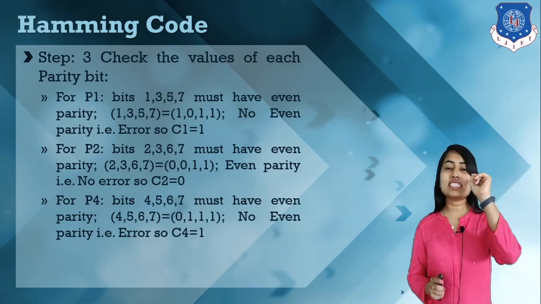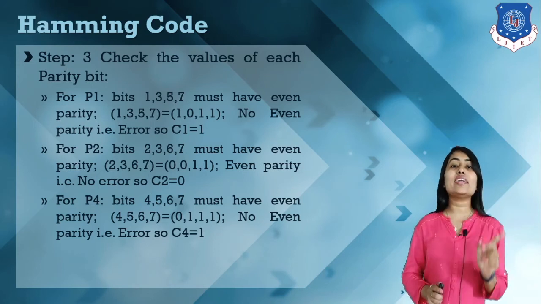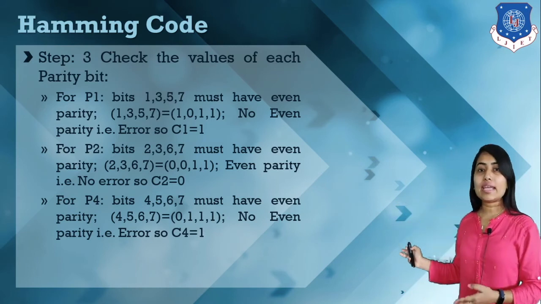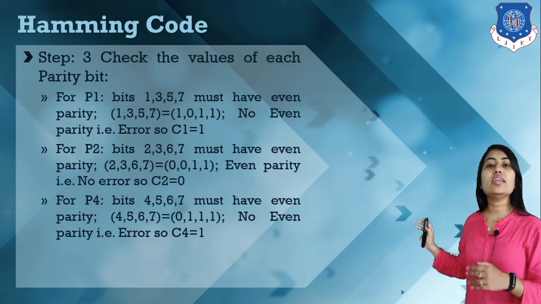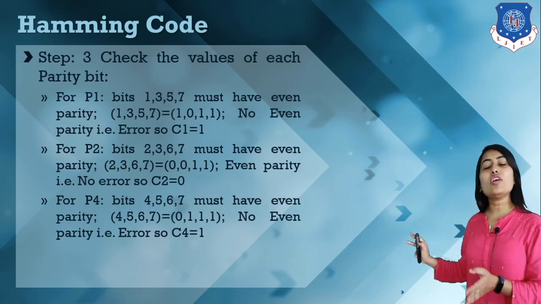So at C1 we have an error, at C2 we have a 0, and at C4 we have an error. This is how we find the check bits, and we can write the check bits in decimal equivalent to identify the location of the erroneous digit.